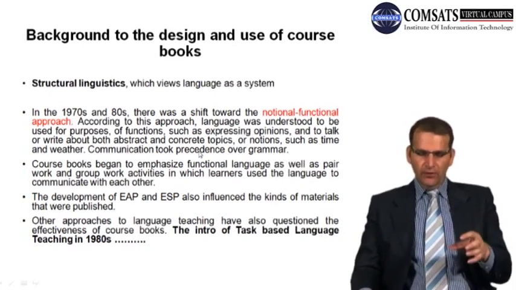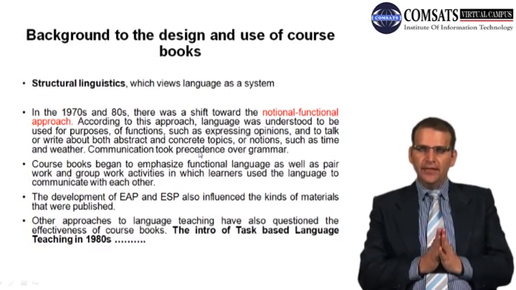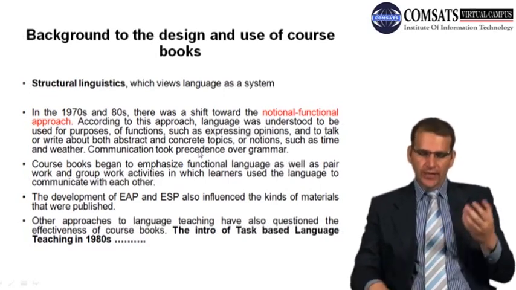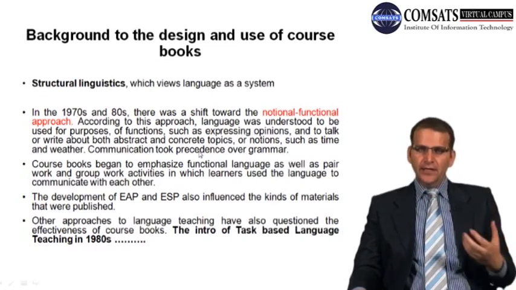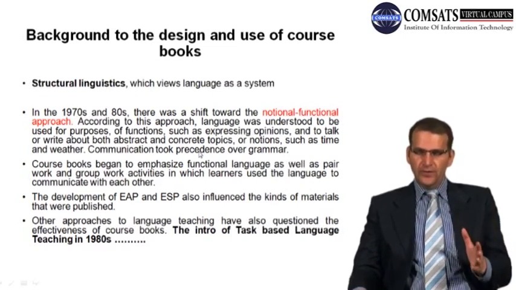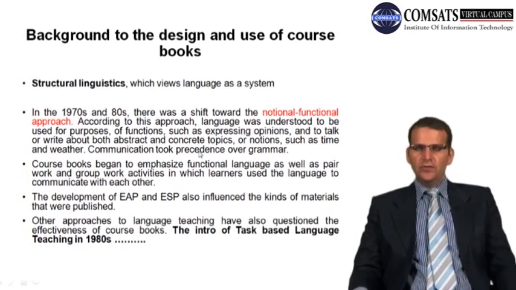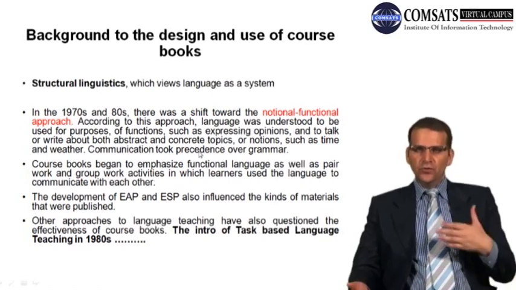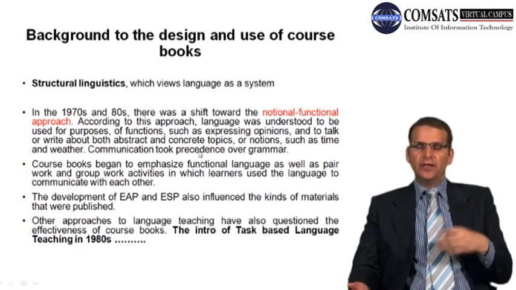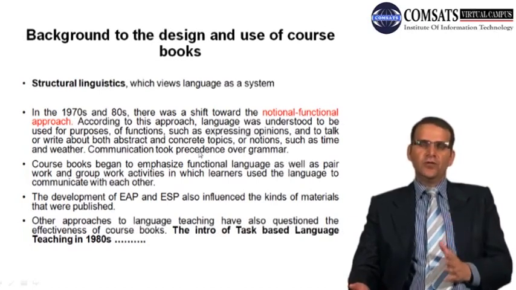So the development of EAP, English for academic purposes, and English for specific purposes also influenced the kinds of material that were published, right? So in this way, once you move on, we saw that we need English for academic purposes and we need English for specific purposes.